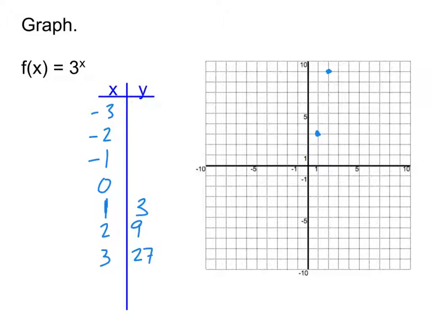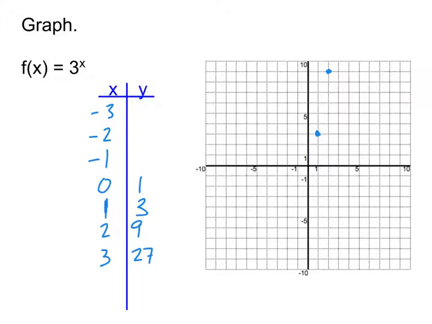Since it's off the grid there at 4, I know already I'm just not worrying about it. So now that I did the easy positives, I'm going to start working from there. What is 3 to the power of 0 going to give me? Well, what was 2 to the power of 0 again? 1. 3 to the power of 0 is also 1.